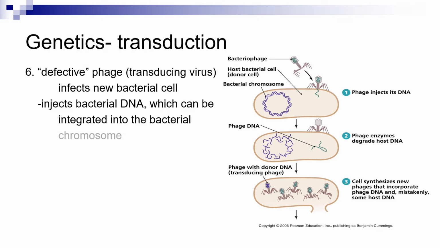And I just explained number 6. So this defective phage, which we also call a transducing phage, because transducing means carrying, so this is the carrying virus, is going to inject that bacterial DNA.